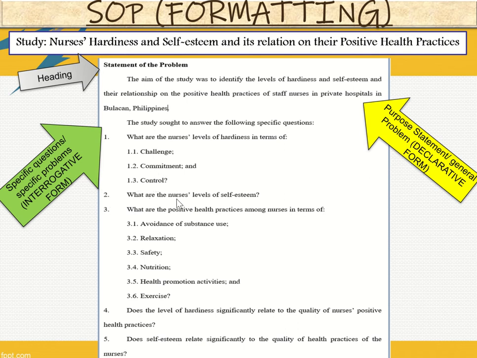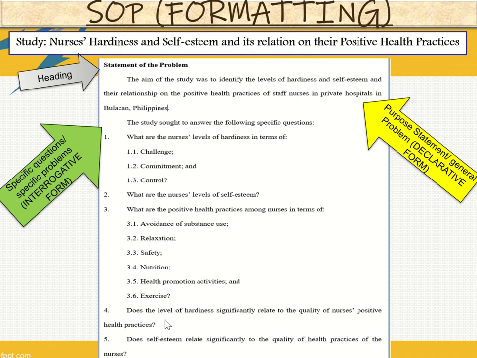And then second question, what are the nurses' level of self-esteem? Third question, what are the positive health practices among nurses in terms of, so meron na ulit tayong sub-variables for the third question. And this is how you do the numbering. So 3.1, 3.2, 3.3, hanggang kung ilan yung sub-variable, tapos question mark sa dulo.